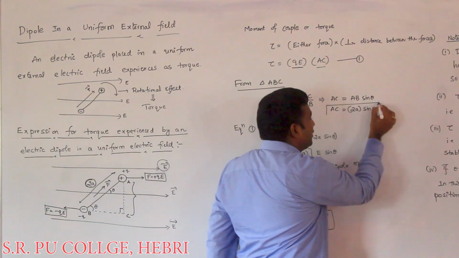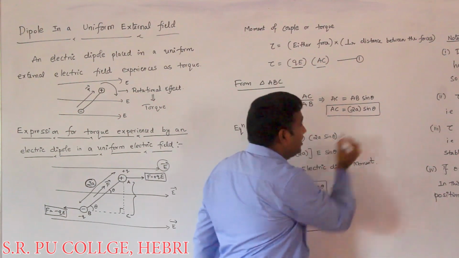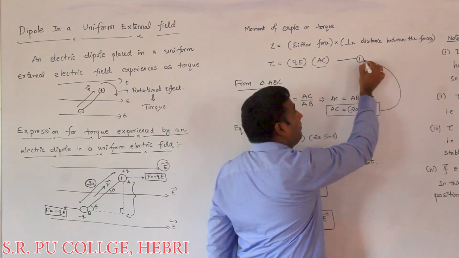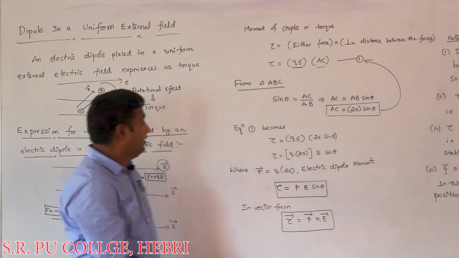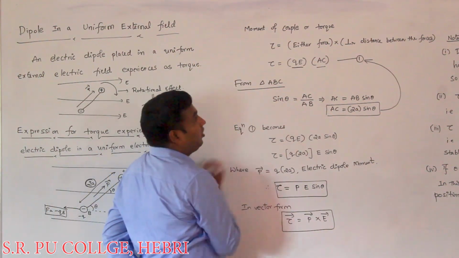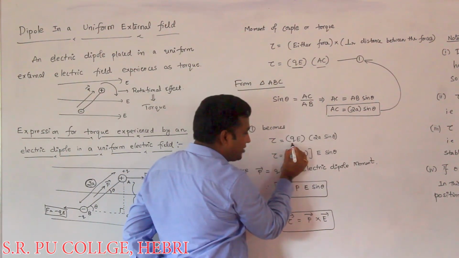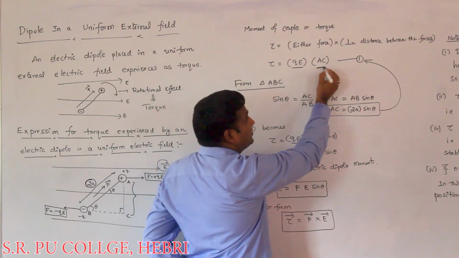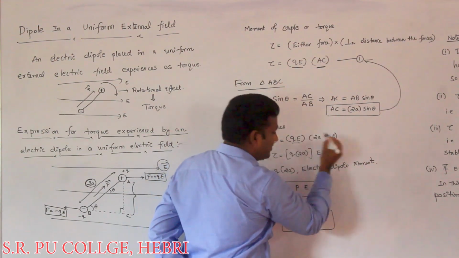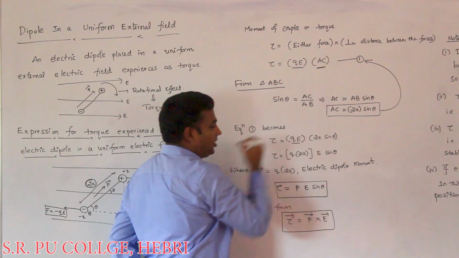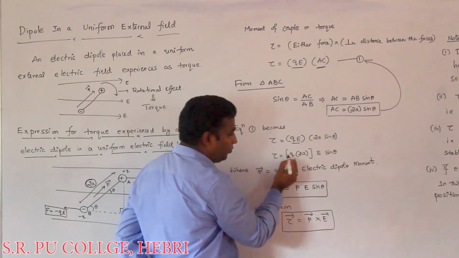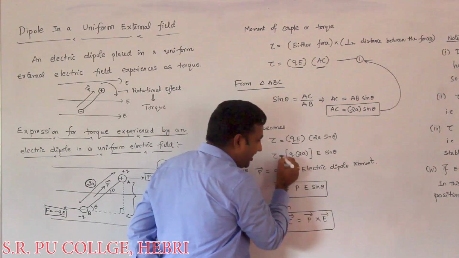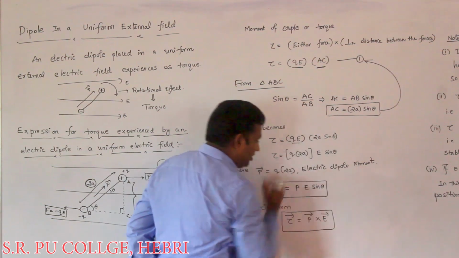The value of AC, 2A into sine theta, is substituted in equation number 1 we already took. Now equation 1 becomes torque is equal to QE as it is, and in place of AC we take 2A sine theta. On rearranging, torque is equal to Q into 2A taken together, E into sine theta.